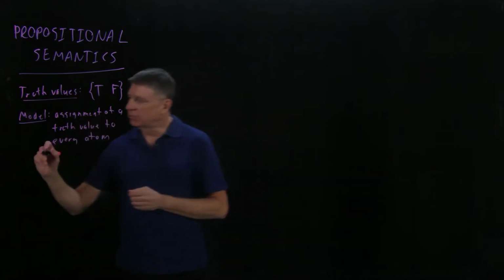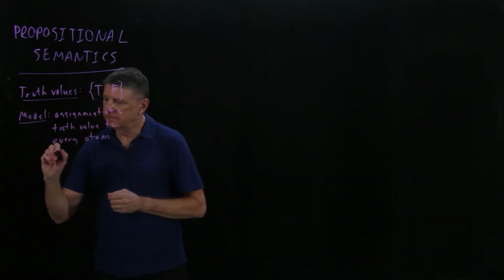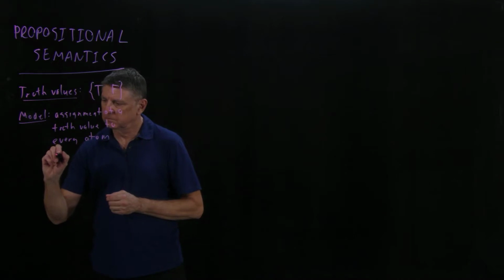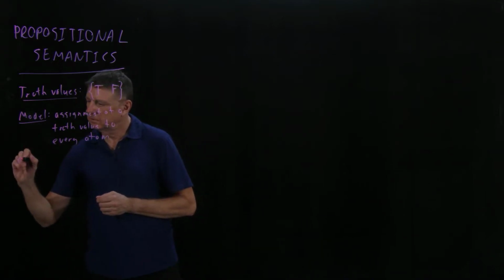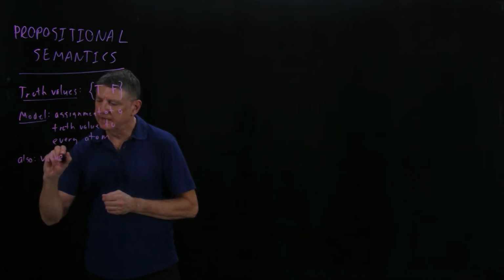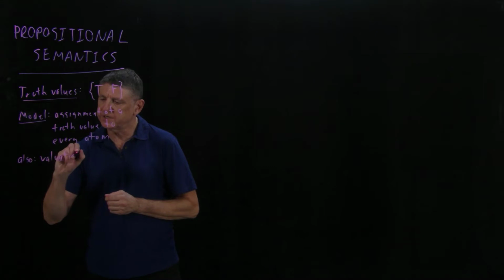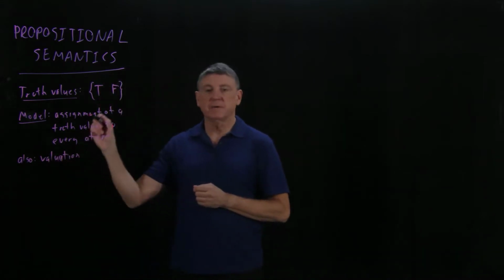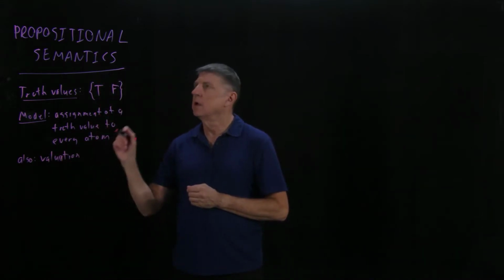And this is also called evaluation. Some authors will refer to this as a valuation. And the reason that it's called evaluation is that it's an assignment of a value.